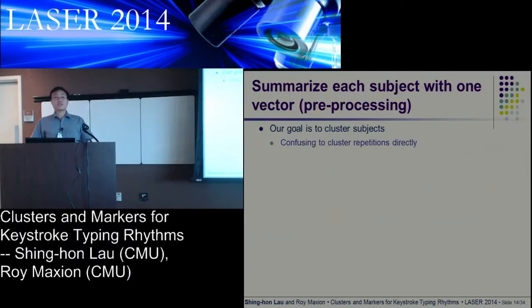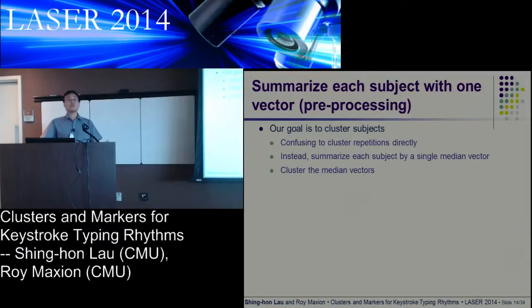To avoid this, we're going to summarize each subject by a single median vector, and I'll describe what that is in a moment. This median vector is going to act as an exemplar for the subject. By clustering the median vectors instead of the raw repetitions, we'll end up clustering the subjects.